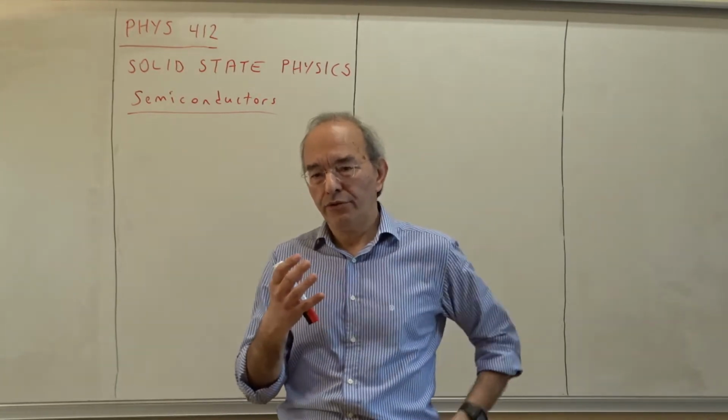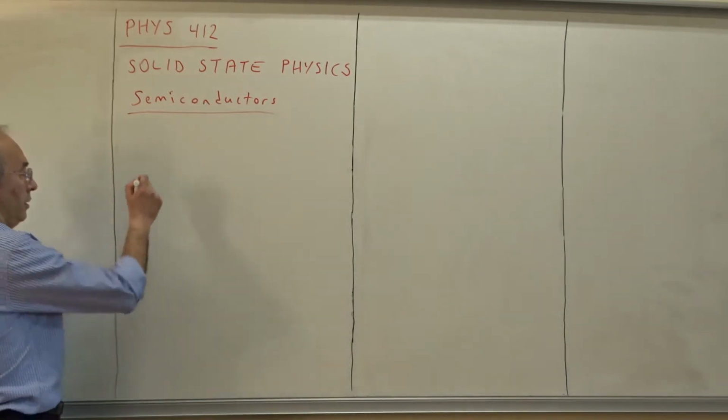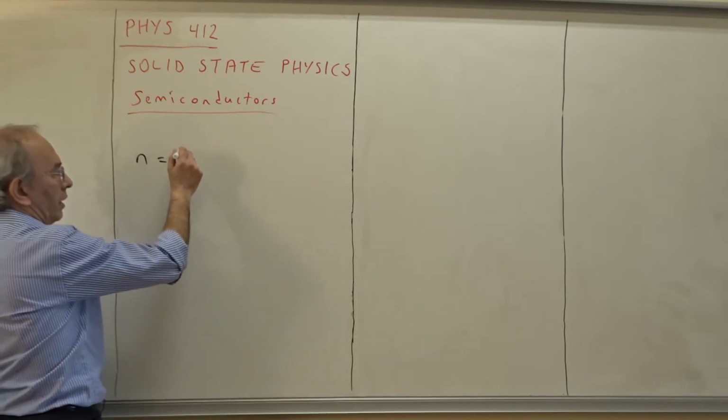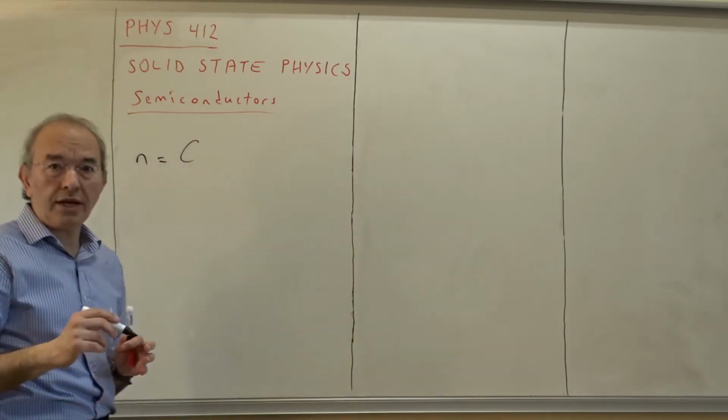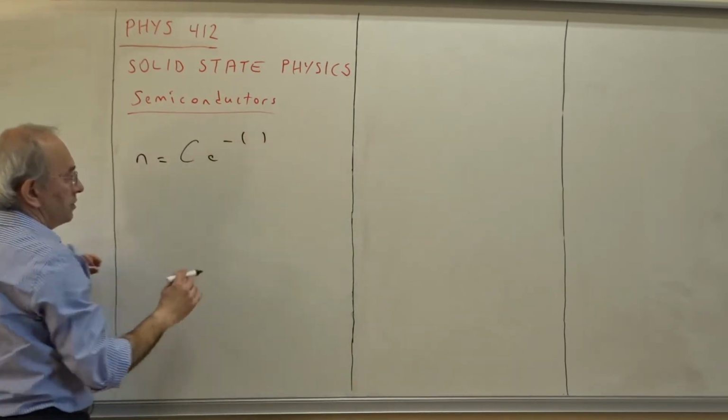And we have found out that these are, in general, n is equal to some, let me call it C for the time being, and e to the minus something. This is the general form.